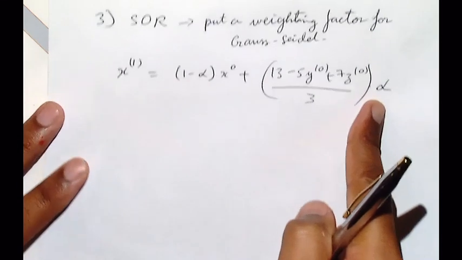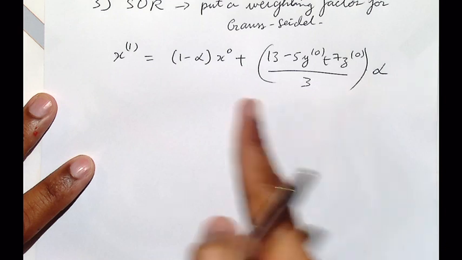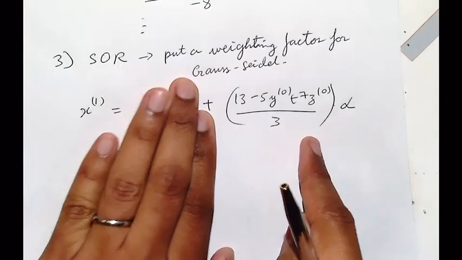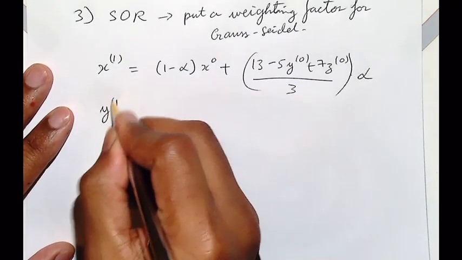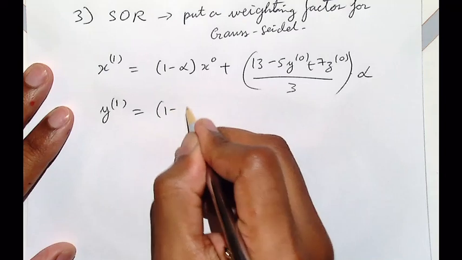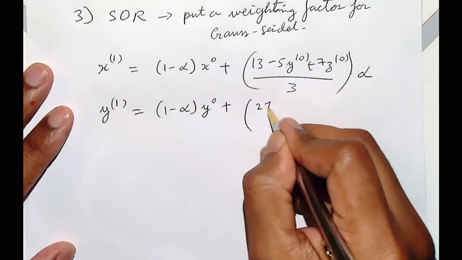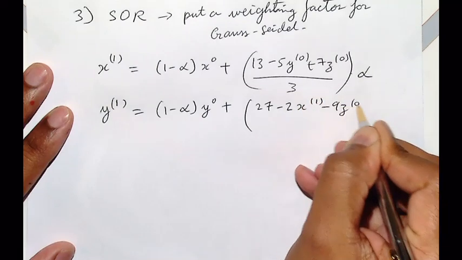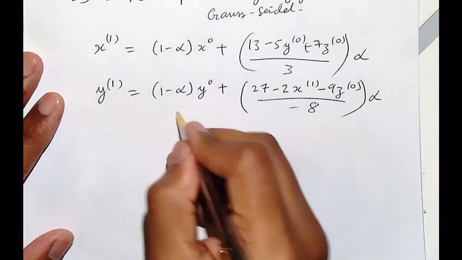So, yeah. If you set alpha equal 1, this term goes away, and this is just normal Gauss-Seidel. And y1 is 1 minus alpha of y0 plus 27 minus 2x1 minus 9z0 over minus 8 times alpha, and so on.